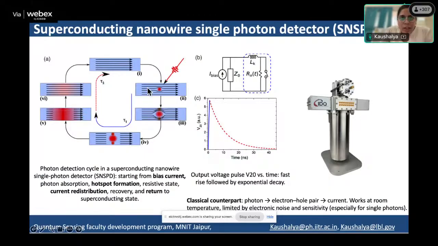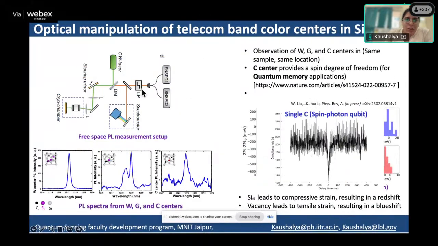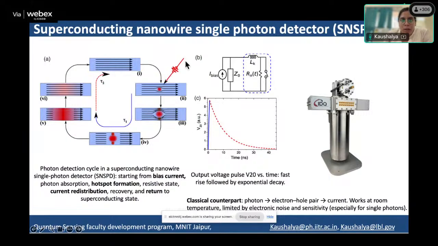Yes. So what you can do basically is, let's say we have that emission from here, and when it arrives at the detector, the arrival of the photon will create this hot spot, and this material from that spot will go from the superconducting phase to the non-superconducting phase, or normal state.